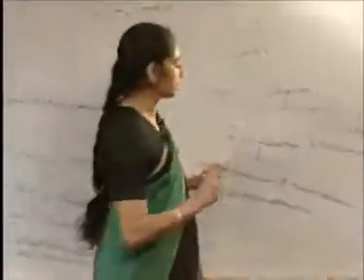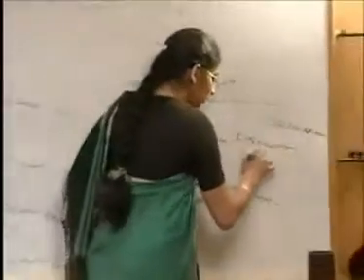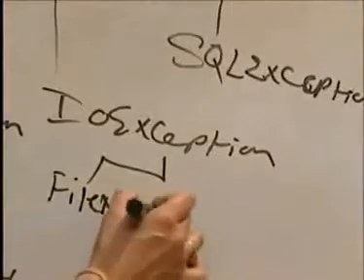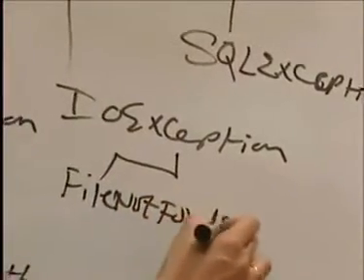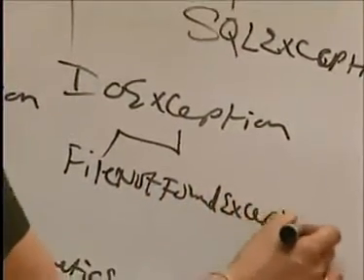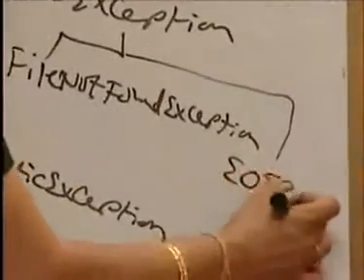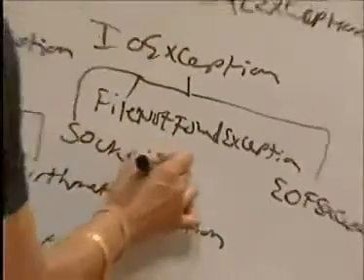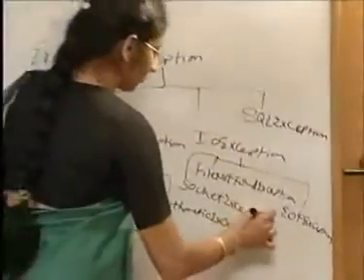They all come under runtime exception. Examples of IO exception, you have file not found exception, end of file exception, socket exception, etc.